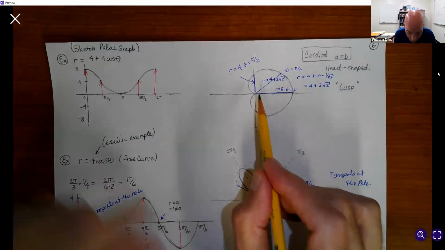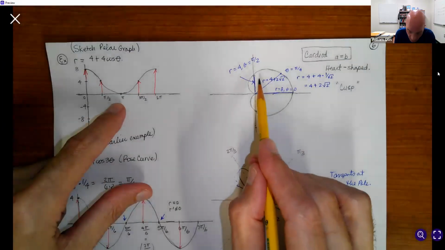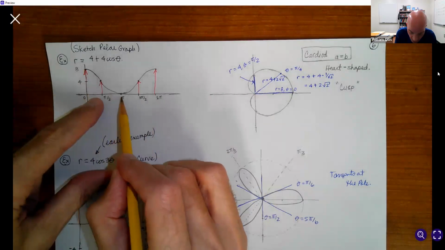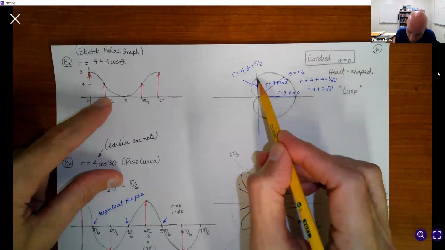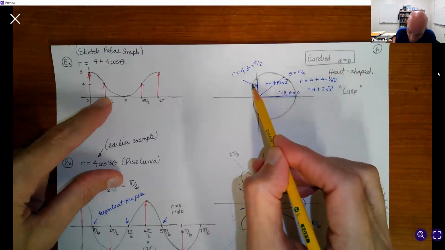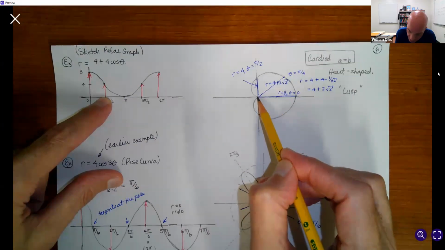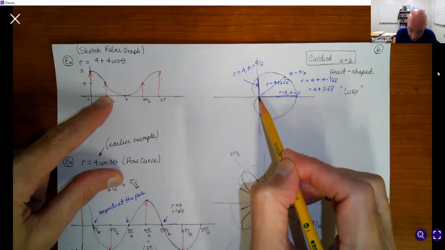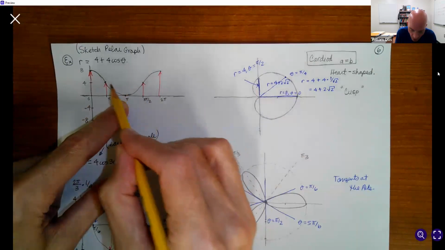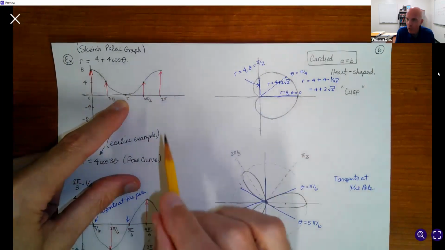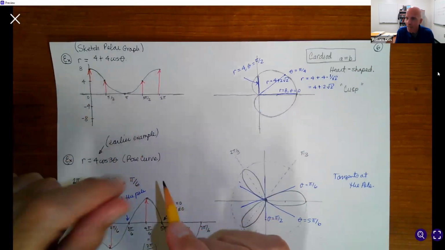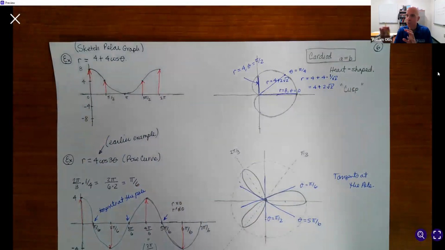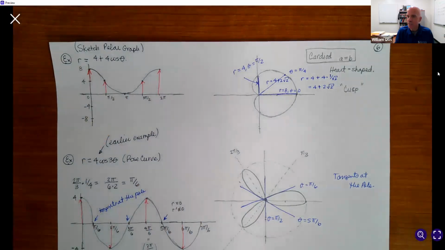Now, of course, as we continue, you notice here, as you move to pi, the value of r is getting smaller and smaller until it decreases to 0. And notice here, all the values of r are non-negative. So we don't even have to project through the pole, because the definition of additive inverse is not required here.